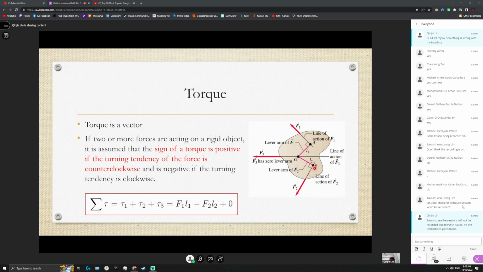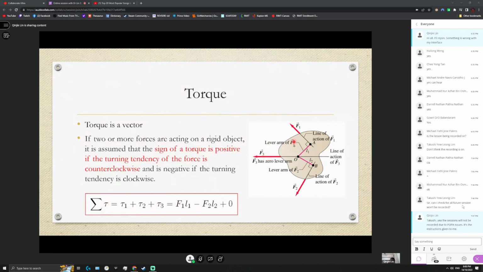Whereas you look at point B, you have the F2 pulling away. But you see this F2 about point O is producing a clockwise torque. So conventionally, we are going to write it as negative. And this F3 directly applied across the pivot is not going to bring any rotation. So there will be no torque. It will create no moment.